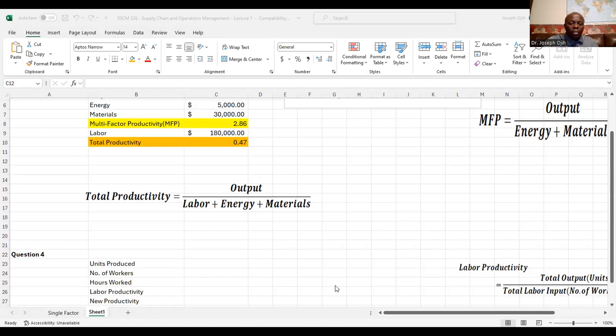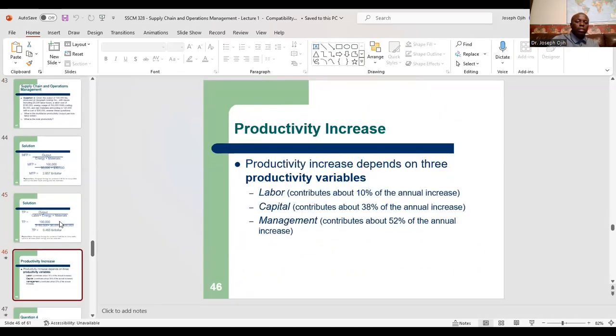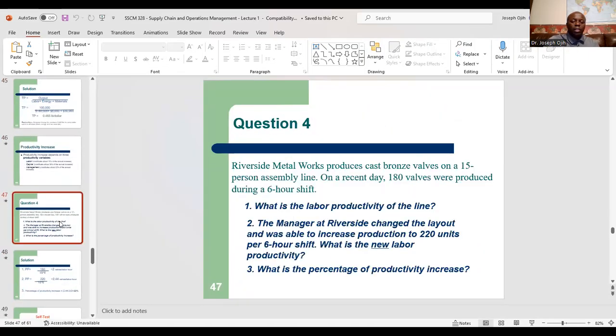Next, we'll look at another question. It says Riverside Metal Works produces cast bronze valves on a 15-person assembly line. On a recent day, 180 valves were produced during a 6-hour shift.